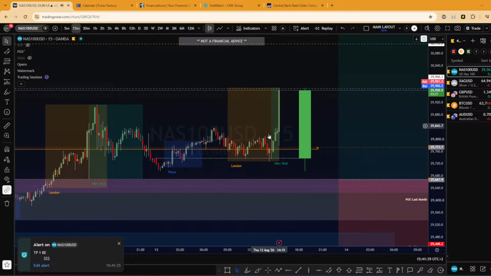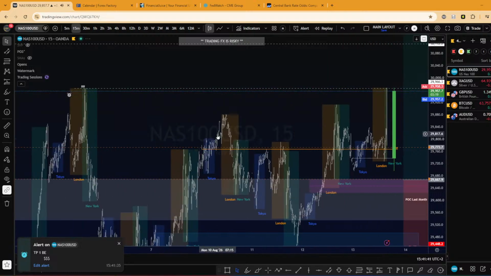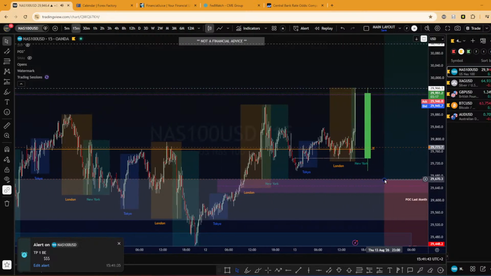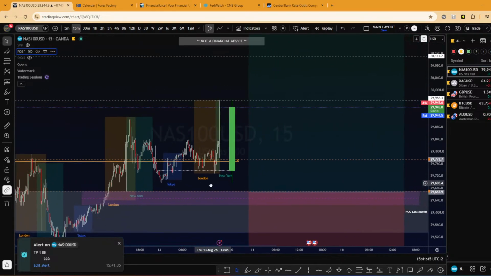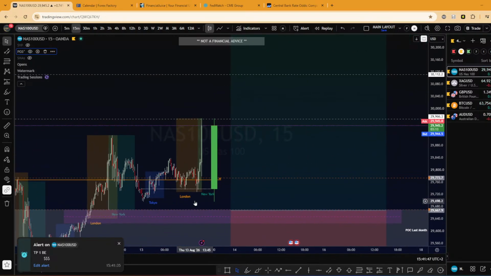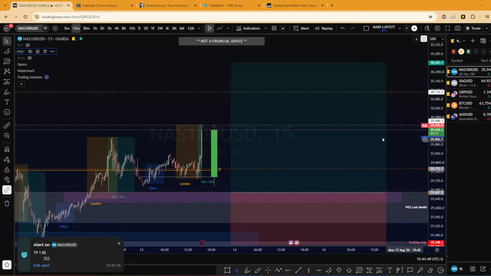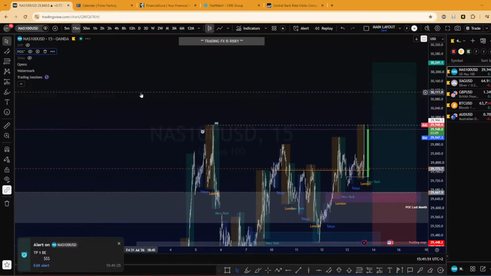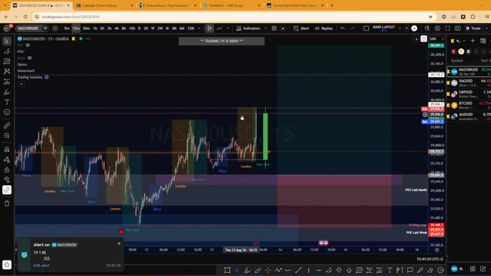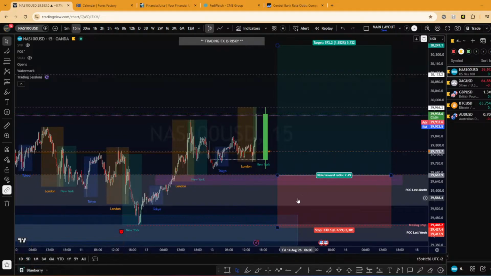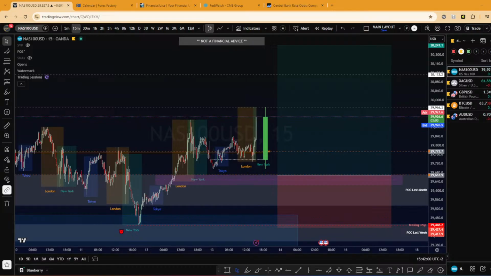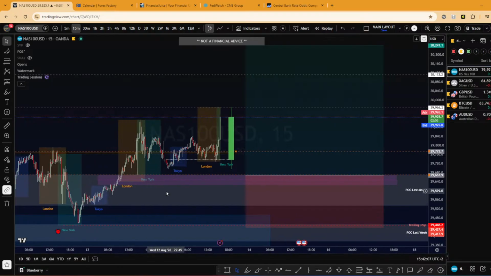Yeah, we tagged the TP1, but price didn't trigger me, so it's okay. So the next target will be this TP, but I need some retracement first.